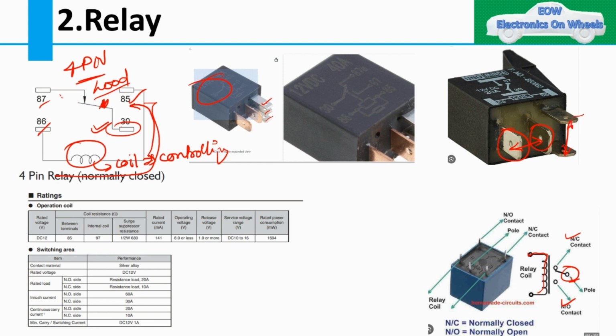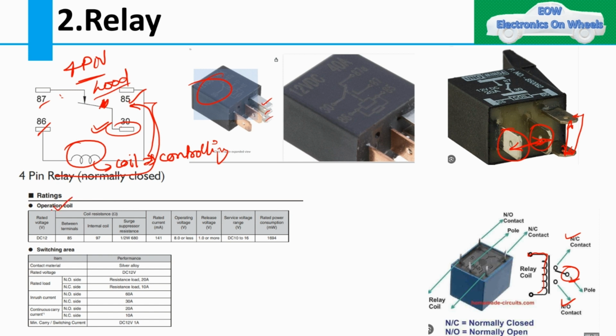This would be the coil side, because the terminal tab width is lesser here, and here it is a higher tab width. You already know that on the load side we require more current, and on the coil side we require less current to control that function. This is how we are going to use the relay.